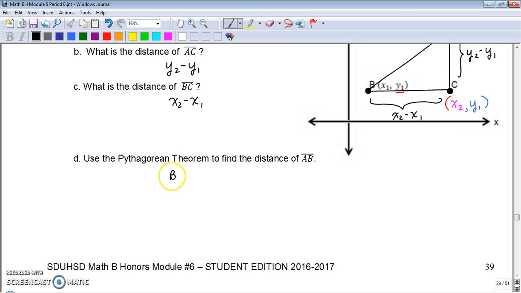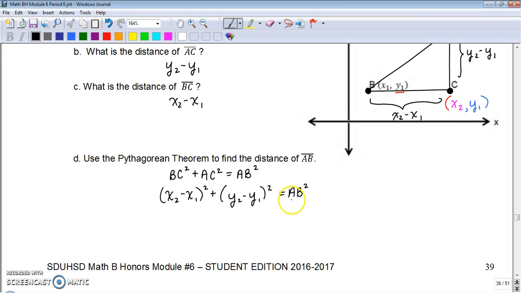So BC squared, which means the distance of BC, plus AC squared equals AB squared. And we'll plug in what we know. So we know that BC is x sub 2 minus x sub 1 squared plus AC is y2 minus y1 squared, and AB squared is as it is.